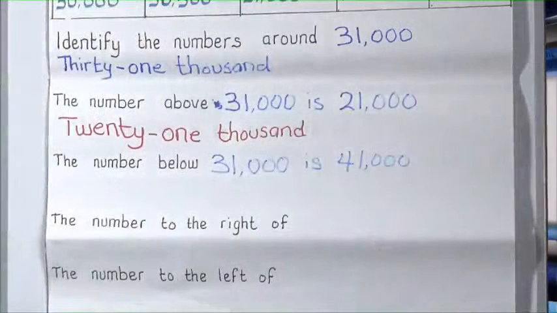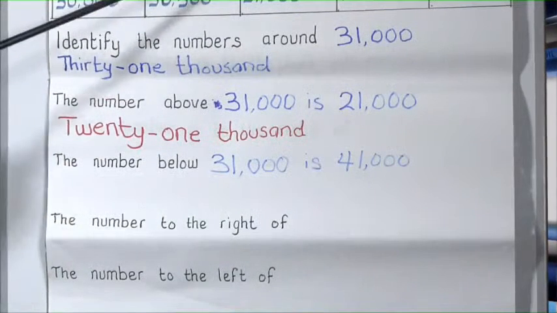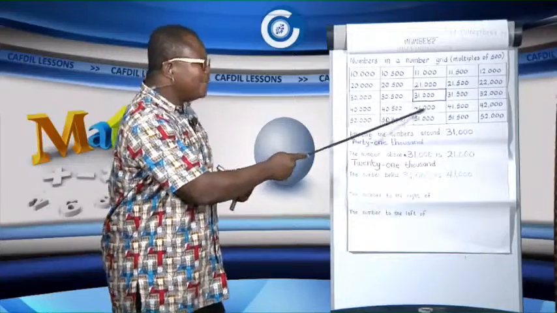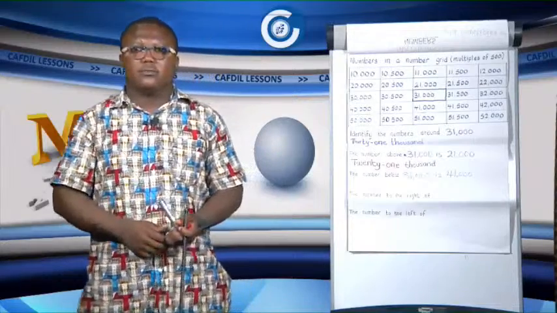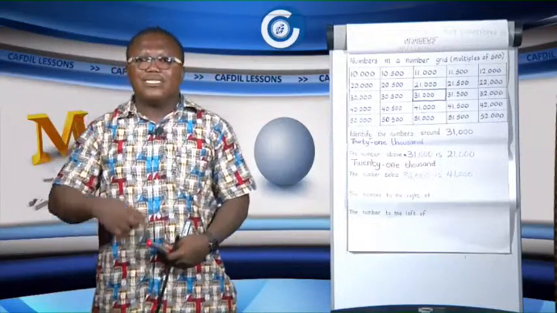Good. So we said the number below 31,000 is what? 41,000. And learners, how do we write 41,000 in words? Or what is the number name for 41,000?